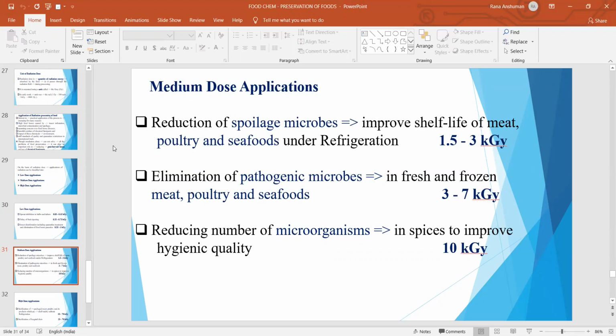For this, radiation is used at the level of 3 to 7 kilogray, and it is used at a level of 10 kilogray for reducing the number of microorganisms in spices to improve their hygienic quality.